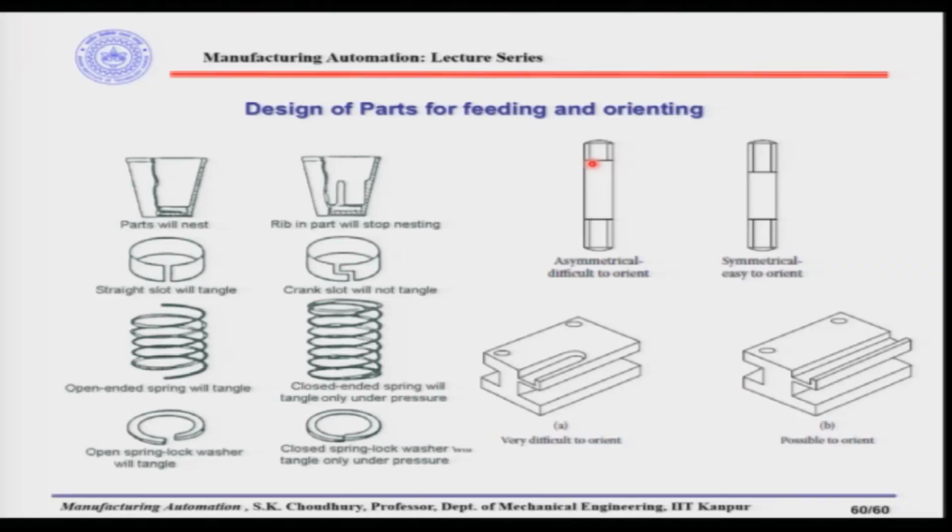But it can be economically justified, because otherwise some reorienting device has to be created to reorient the part if it is not coming in the right orientation. So, it has to be properly justified economically: if we can make the change in the design in such a way, how much cost will be incurred, and whether it can be justified by eliminating the reorienting device for this kind of parts.